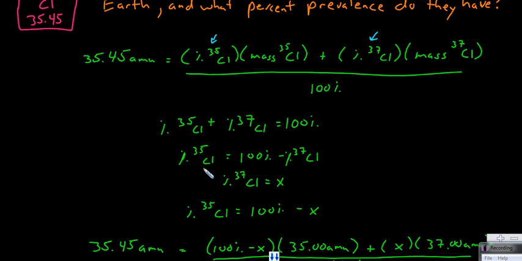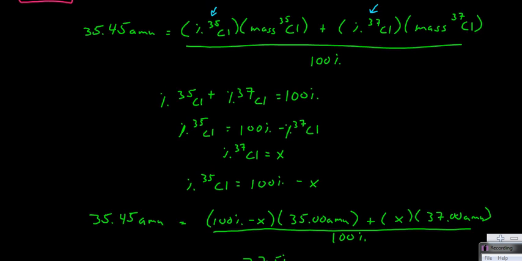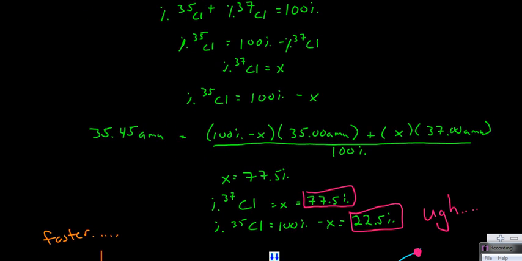And so you can assign chlorine-35 as being equal to 100% minus the percent chlorine-37, then assign X as a symbol for chlorine-37 percent, and then chlorine-35 is equal to 100% minus X. You can plug in and have now only one variable, with 100% minus X as your chlorine-35 percent and X as your chlorine-37 percent, and this should allow you to find the percentage of each isotope.